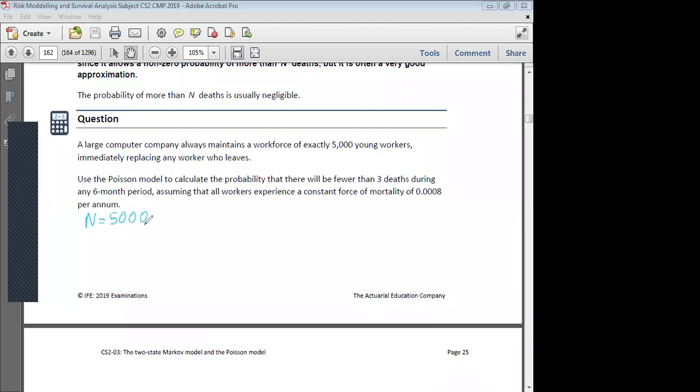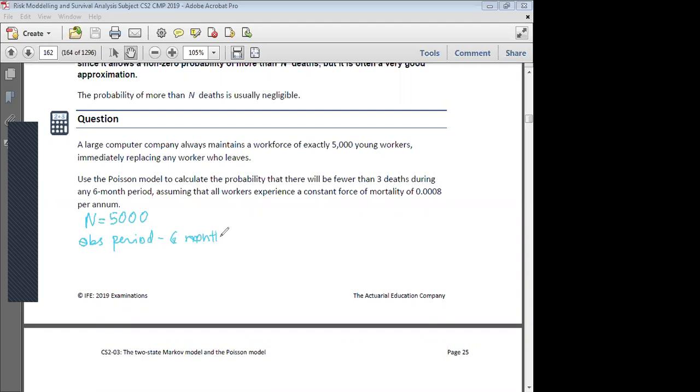What can I write next? Observation period is 6 months. Yeah. Exactly. This is very important, right? So my observation period is 6 months.